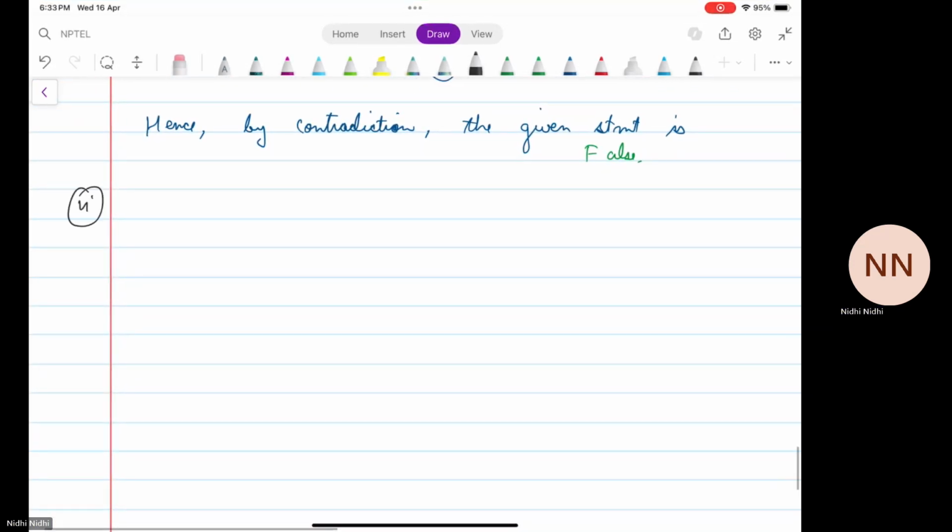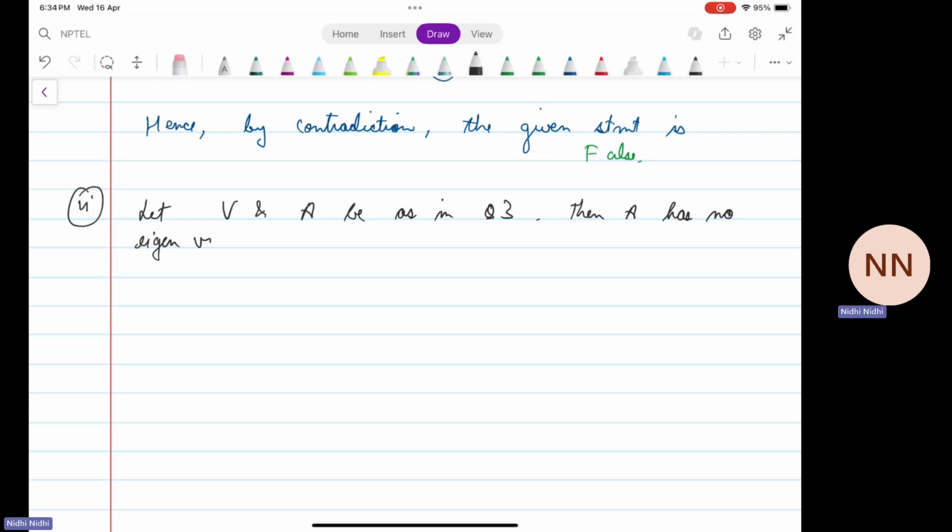Let V and A be as in question number 3. Then A has no eigenvalue. Let us see whether this operator has any eigenvalue or not.